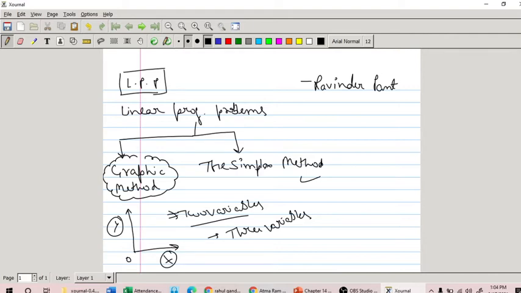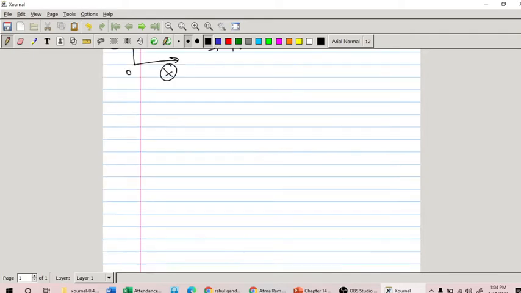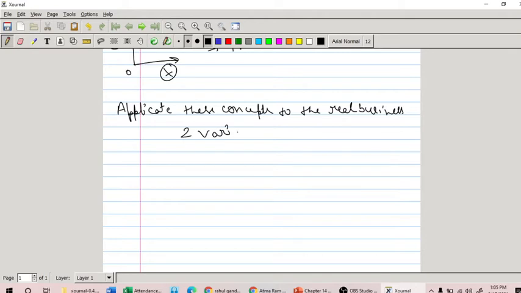Since more realistic applications of linear programming involve numerous variables, when you apply these concepts to real business, real life situations, you find that two variables are not working.